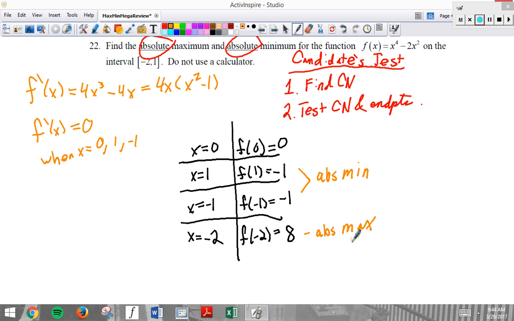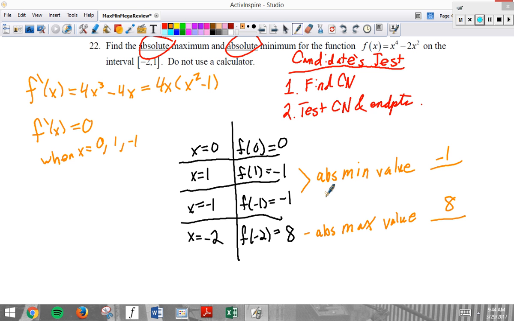Now, if they ask you for the absolute maximum value, these are the values. So if they ask me this, then I would say, oh, it's 8. Oh, it's negative 1.